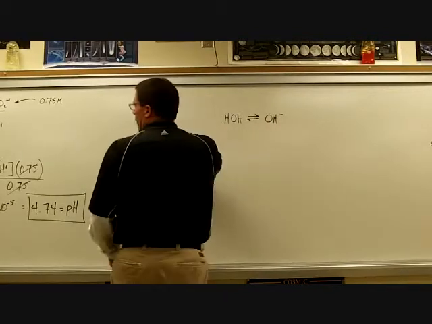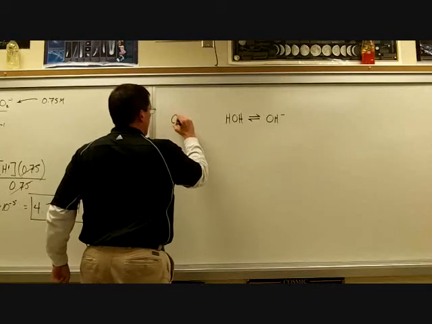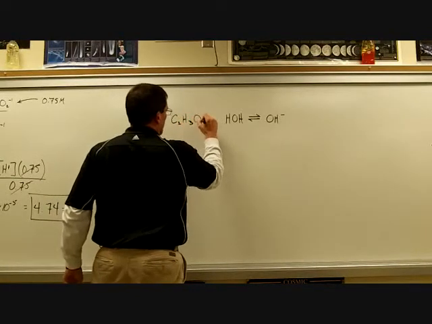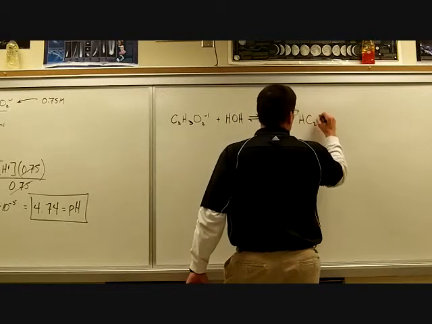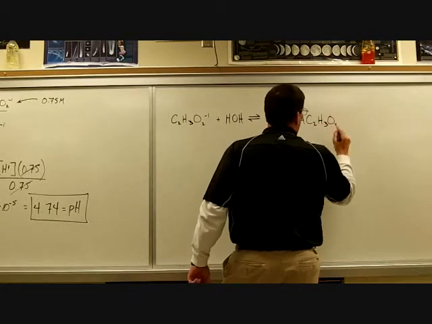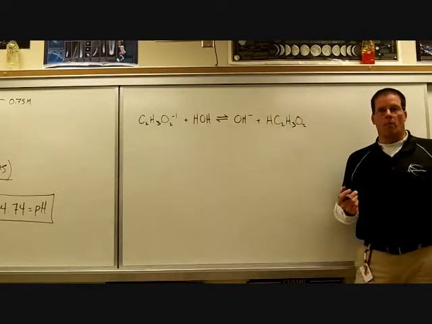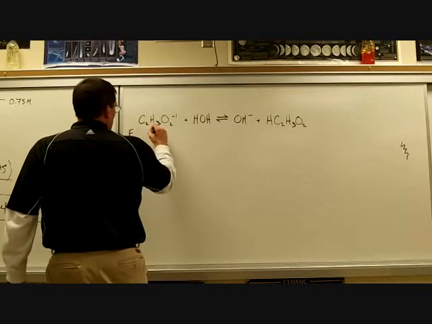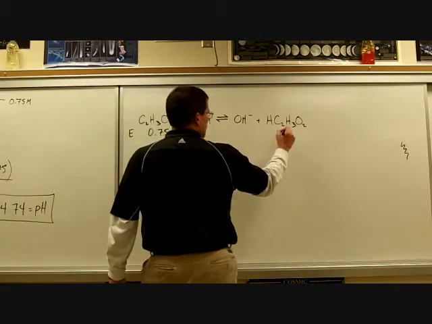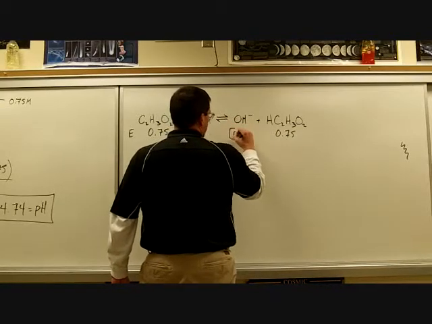So instead of having the acetic acid on this side, I'm actually going to have my acetate on this side, and then my weak acid over here. Okay. So this is another way that you could write out the problem. And again, we had our concentrations at equilibrium, so 0.75, 0.75, and this would be what we would solve for.